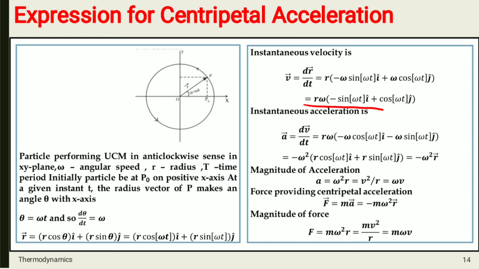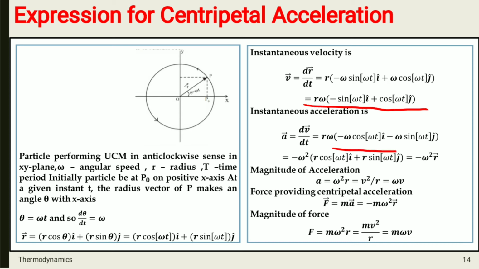You will get r omega[-omega cos omega t i cap - omega sin omega t j cap].